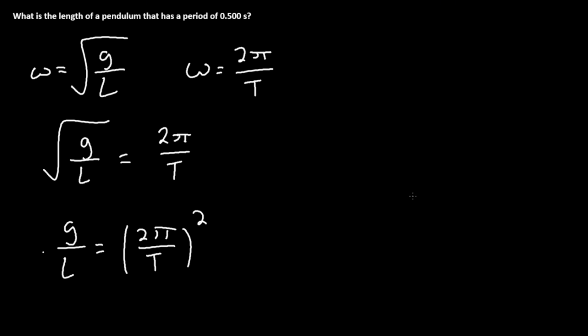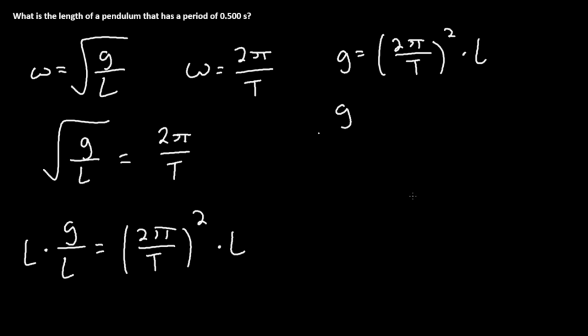So what I mean is multiply this by length. And then you get g is equal to 2 pi over T, squared, times L, and then divide by 2 pi over T squared on both sides. So you get g divided by 2 pi over T squared, and that's equal to your length.